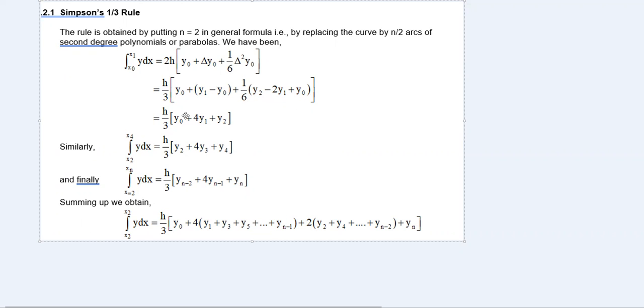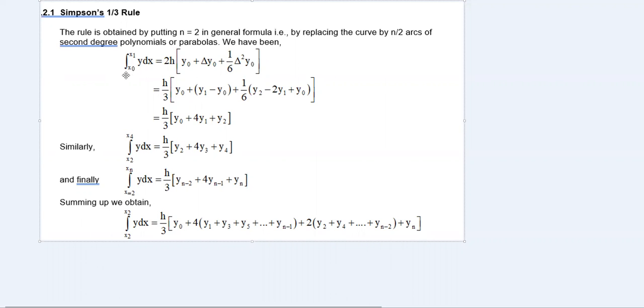When we simplify this, we get h upon 3 times (y naught plus y2, and in between 4y1).